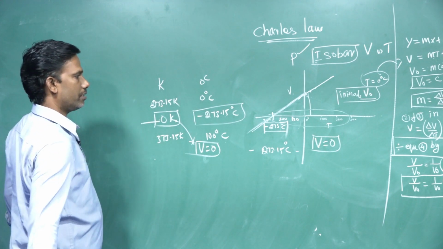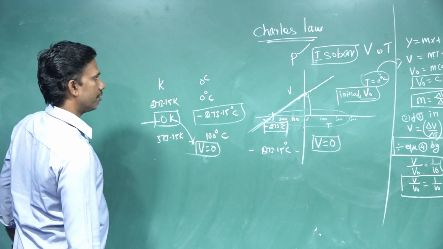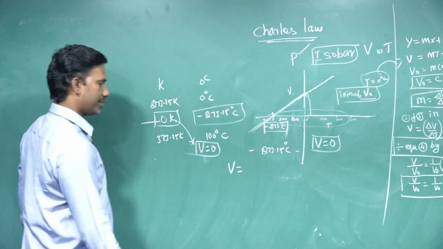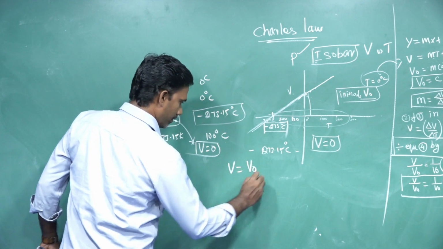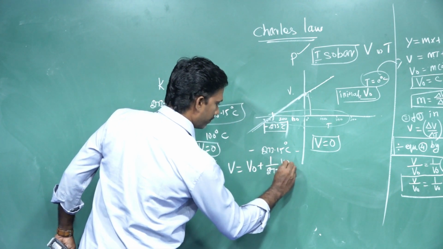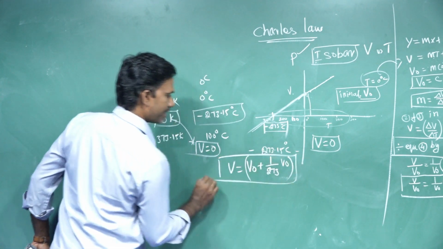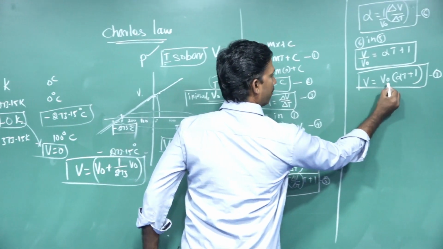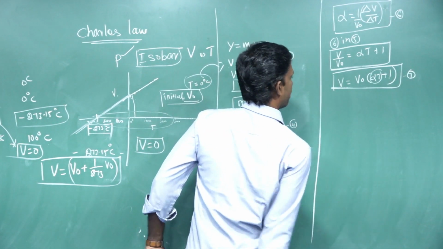From all this interpretation, Charles came to the conclusion that the volume expands as temperature increases, by 1 by 273 of the initial volume. This is the final statement. That's why the volume equals V naught into alpha T plus 1, where alpha is the volume coefficient.